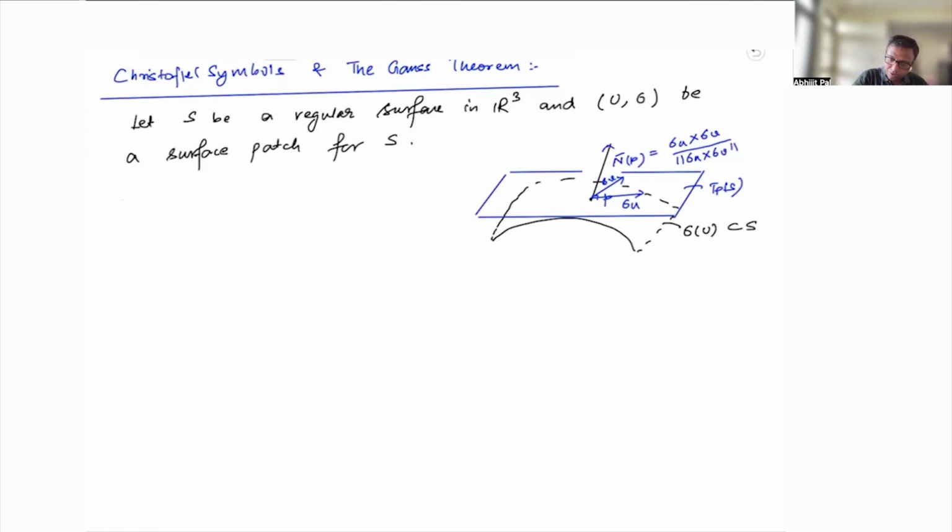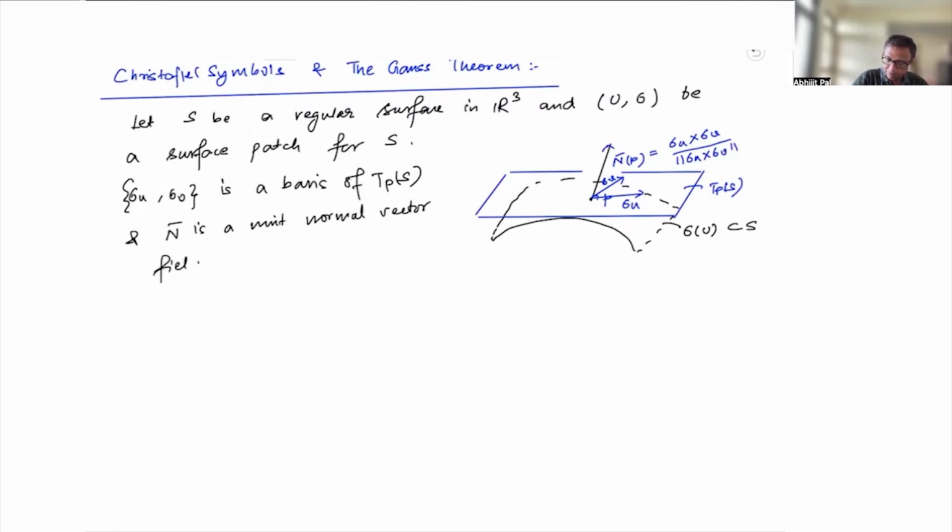Sigma u, sigma v is a basis of the tangent space of S, and N bar is a unit normal vector field on sigma U.